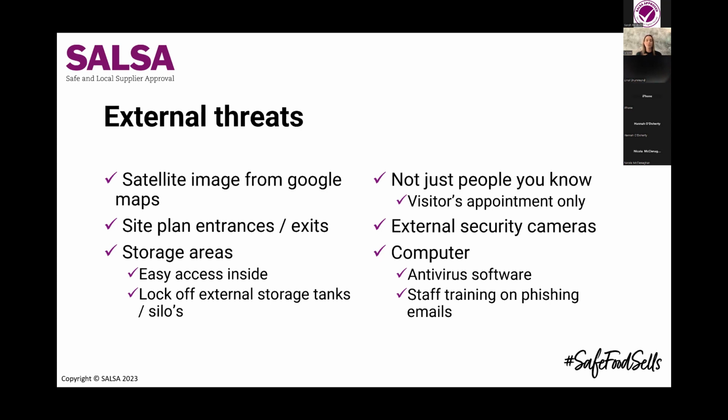If they get one that's from someone they don't know and it looks a bit suspicious, teach them to hover over the email address so that they can see, is it actually from that person or is it from somebody else, and not to open attachments. Do all these basic things that you would expect to do at home, but teach people that are in your workplace.